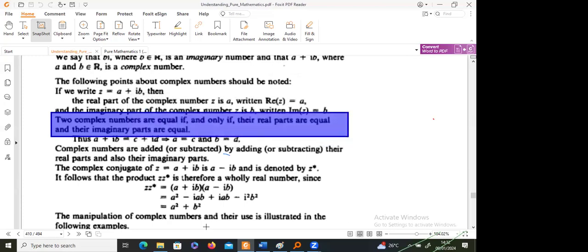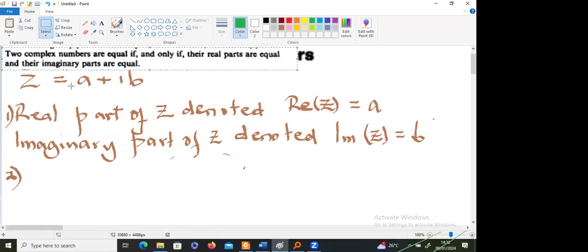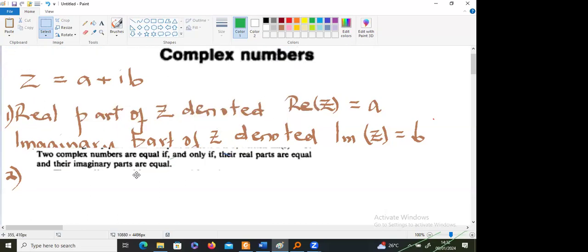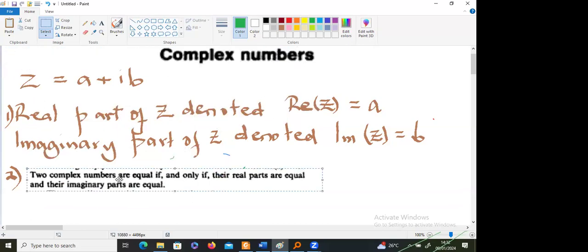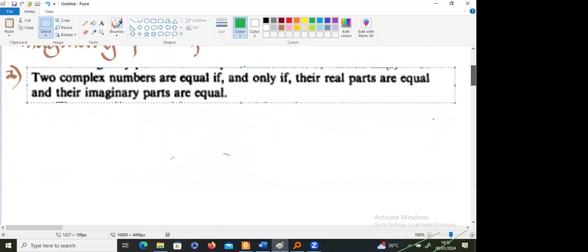That is my second note. I hope you can see my second note there.